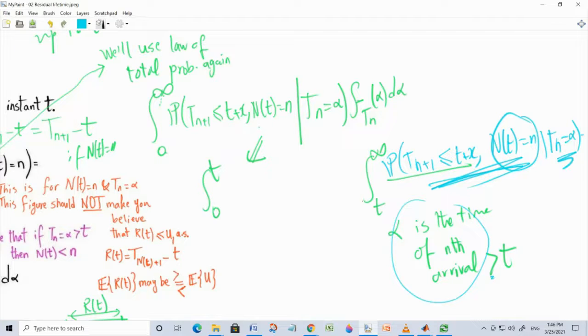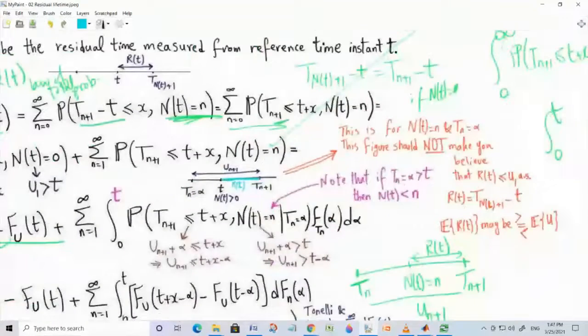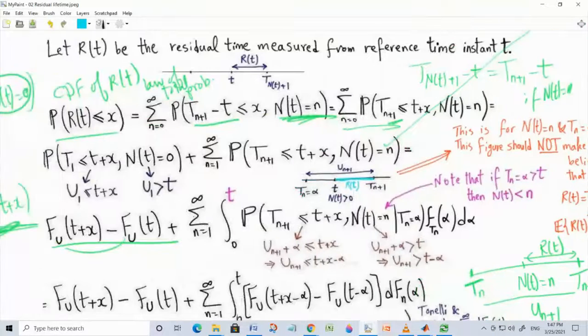So the second integral from t to infinity is equal to 0, and your integral here is from 0 to t. Okay, so again, you can do things in slow motion, and you basically apply the law of total probability again.